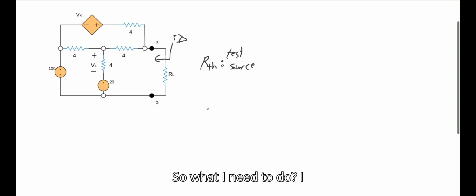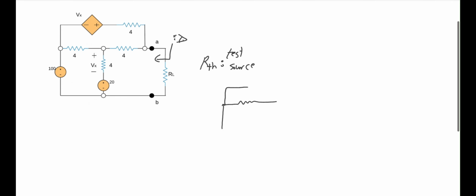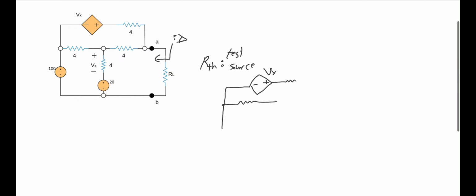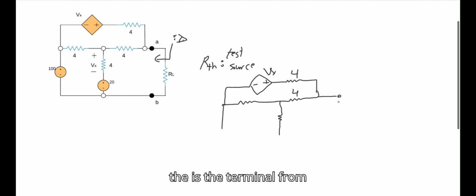So what I need to do, I need to just turn off my independent sources while keeping my dependent sources. So over here is Vx, I have 4, and then over here there's another 4, and here is the terminal from which I'm trying to find my equivalent circuit.